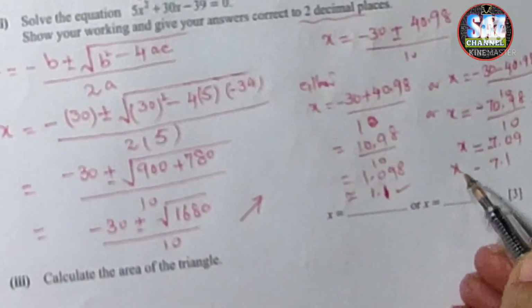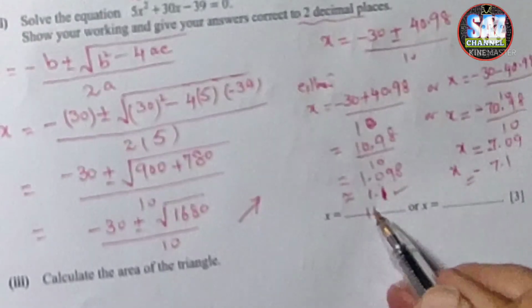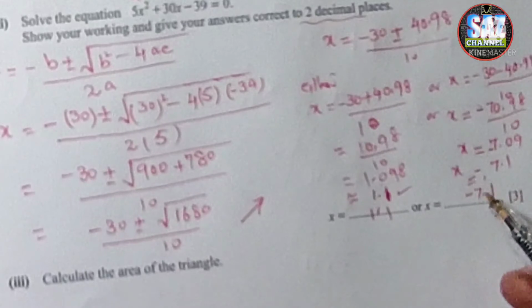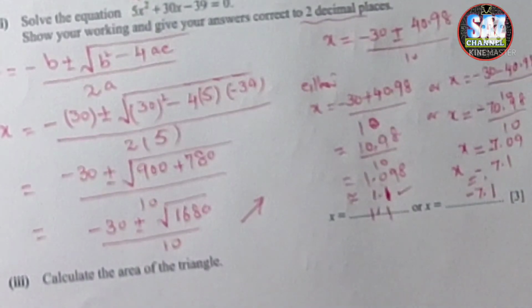So the two roots that we are getting are 1.1 and minus 7.1. Okay, now here the question was saying to solve this equation, so we have solved the equation.